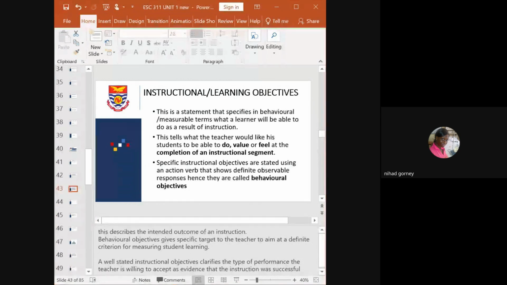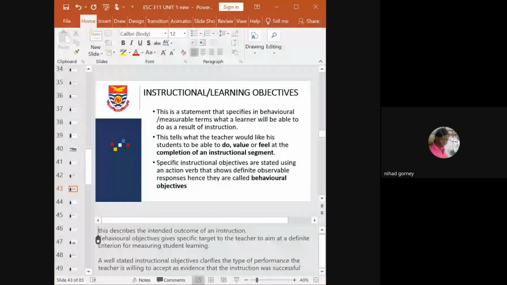Specific action verbs, like at the end of the lesson, the students will be able to describe, explain, differentiate, distinguish, evaluate. These are the action verbs we normally use in our objectives.